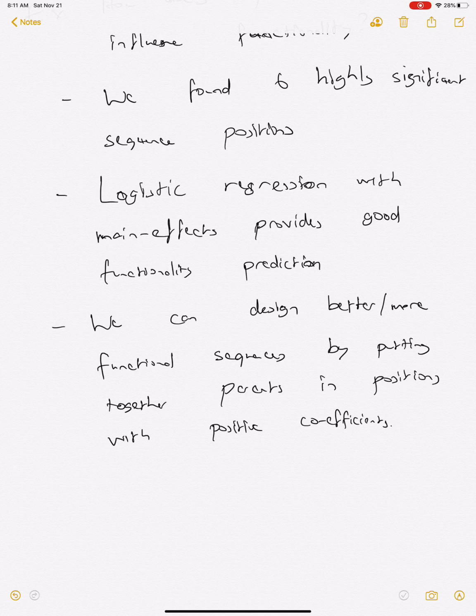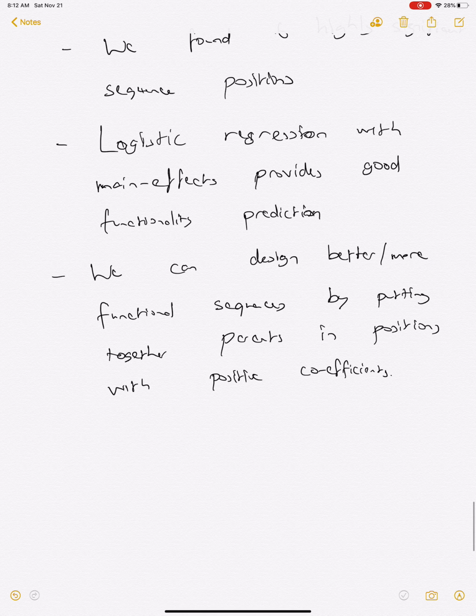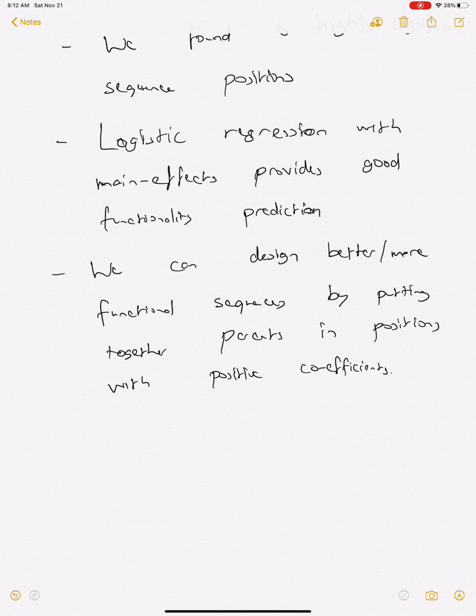So here are a couple of conclusions we can draw that connect back to the scientific question we have in mind. This is a very important thing in wrapping things up and making sure that we're connecting back to the scientific question that we started with.